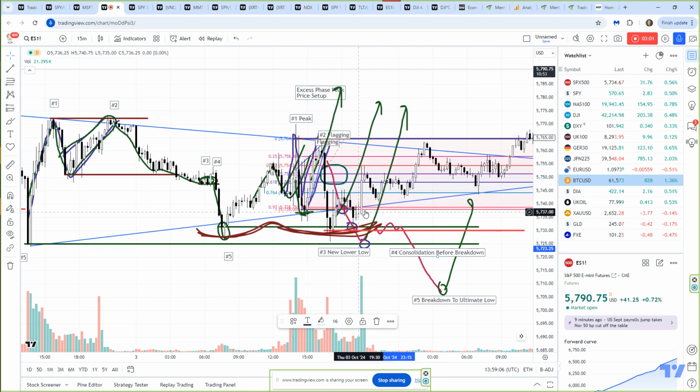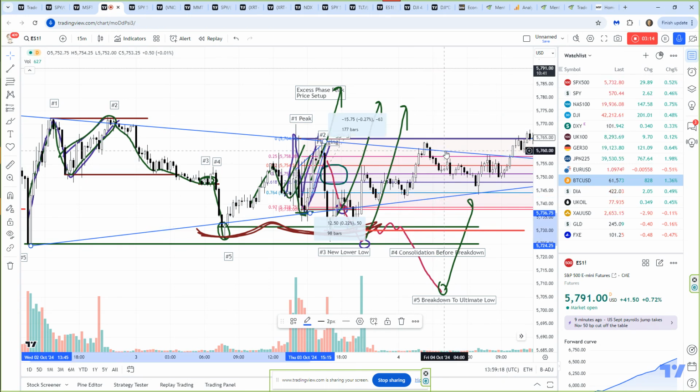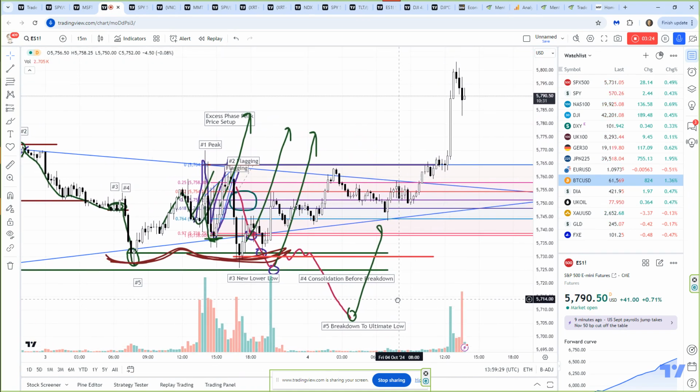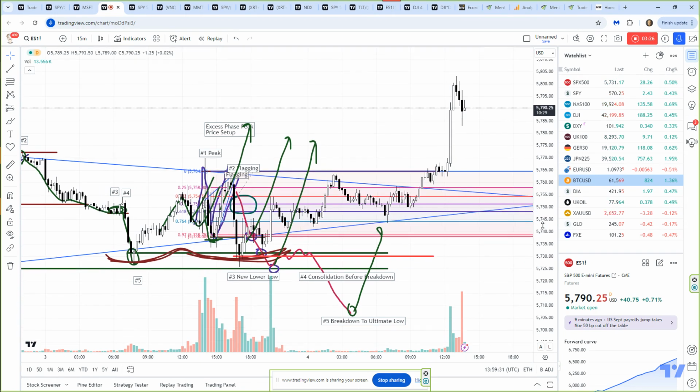You see here how price rejected, rolled up, stayed above for the most part, rejected this level, rolled up above these flagging channels. Remember, these are the flagging channels here, the blue lines. Rolled up, rejected off the upper flagging channel, rolled back down, rejected off the lower flagging channel, then eventually this morning broke out to the upside.